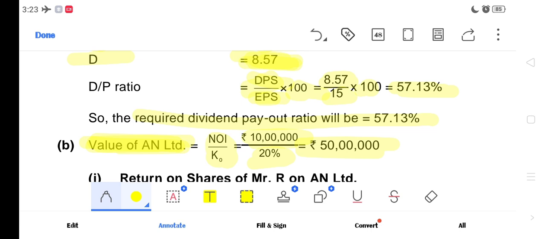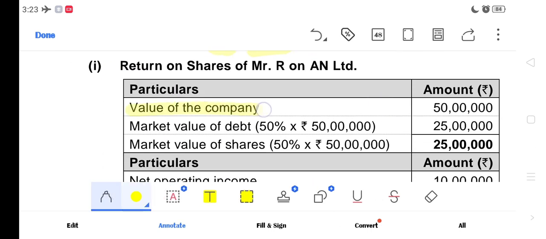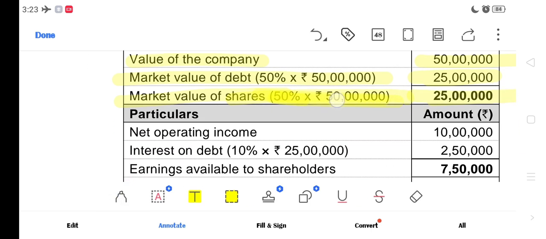In the starting itself they have given equity 50% and debt 50%. So if the total value of the firm is 50 lakh, then what is debt and what is equity? 50-50, no? So value of the company is 50 lakh, and market value of the debt is 50% of 50 lakh, which is 25 lakh, and market value of shares is the same, 50 lakh into 50%, which is 25 lakh, right?